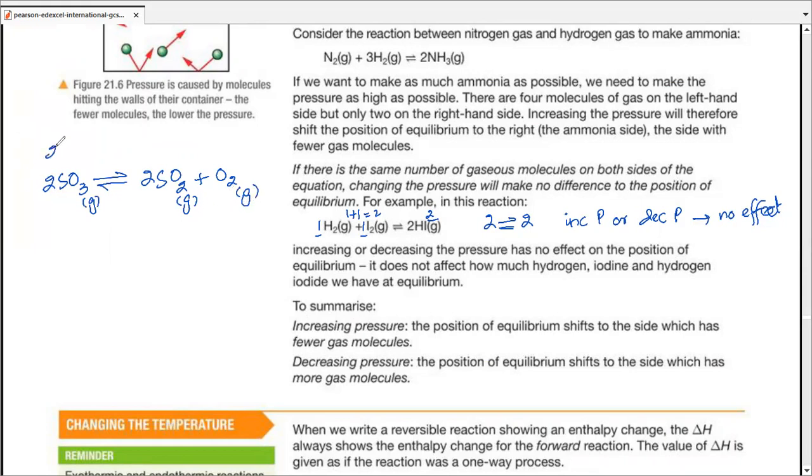Now, we have 2 molecules on the left side and 2 plus 1 on the right-hand side, which is equal to 3. Since we have a lower number on the left and a higher number on the right, increasing the pressure would take the equilibrium towards the left, towards the reactant side. So it would produce more reactants. Make sense?